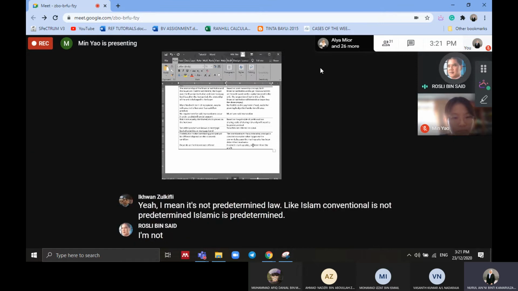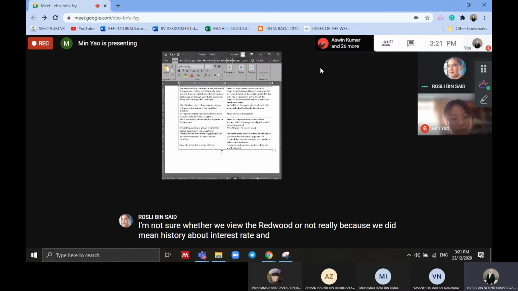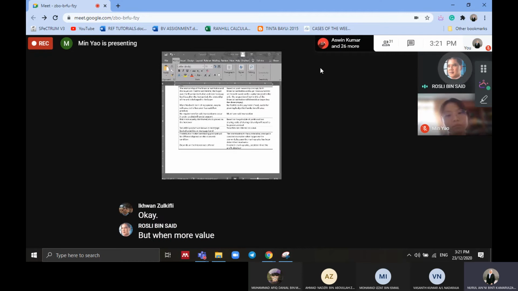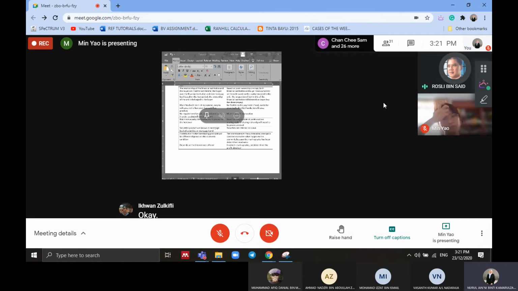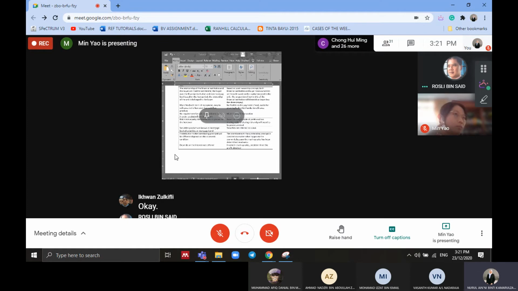I'm not sure whether we use the correct word or not, predetermined, because predetermined usually involves interest rate and profit. When we talk in terms of value, I don't think predetermined is the correct word to use, but we can say that Islamic finance involves markup sale.